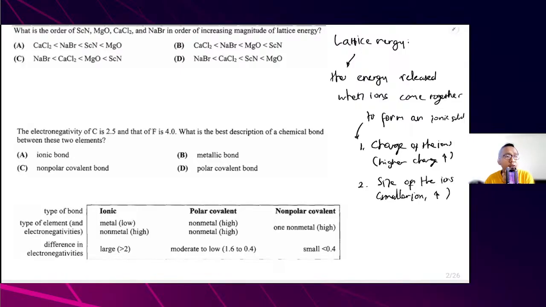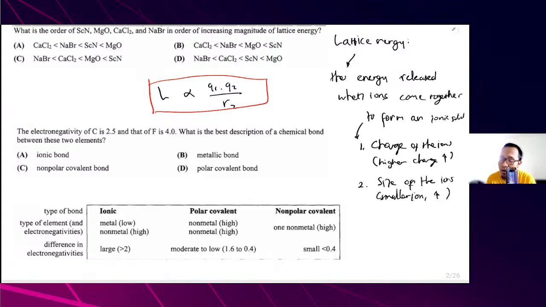Lattice energy is proportional to Q1 times Q2 over R squared. Q1 and Q2 are the charges, and R is the radius. Based on this equation, the one that has a smaller radius or size will have a higher magnitude of lattice energy.